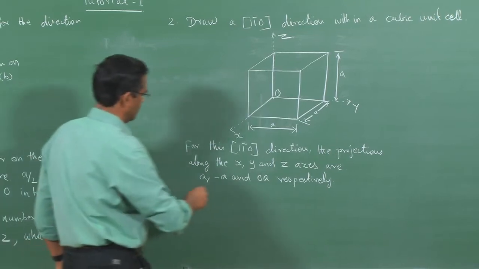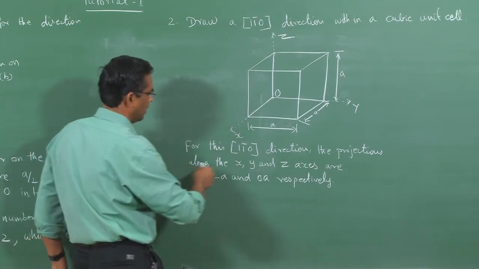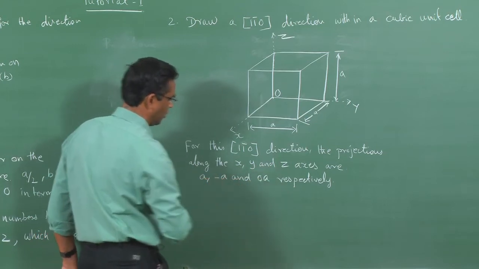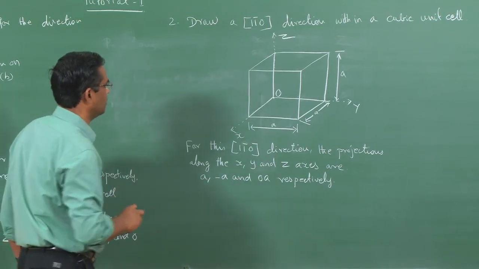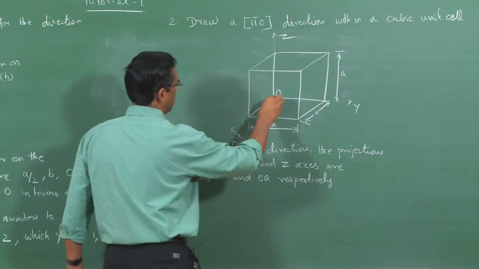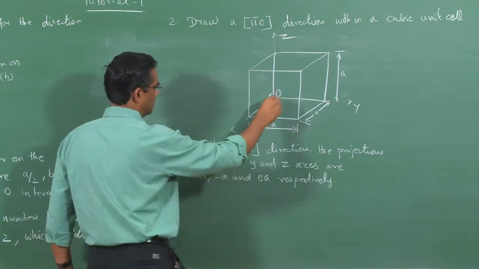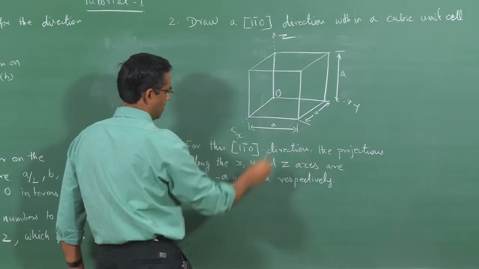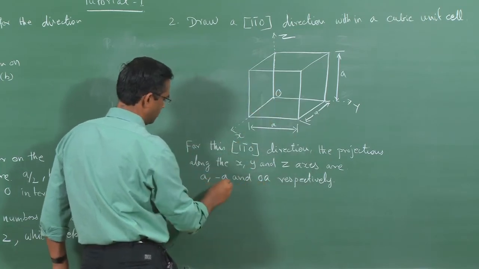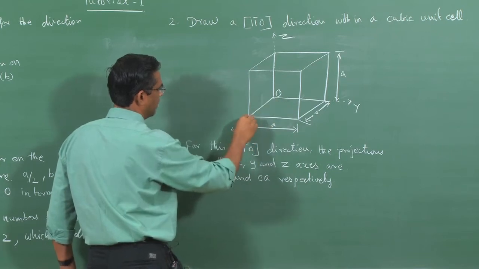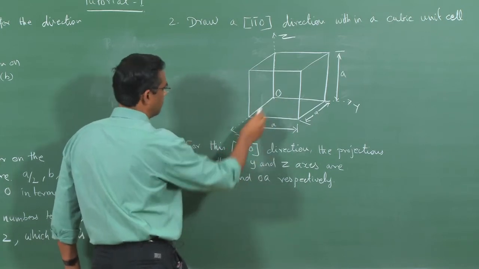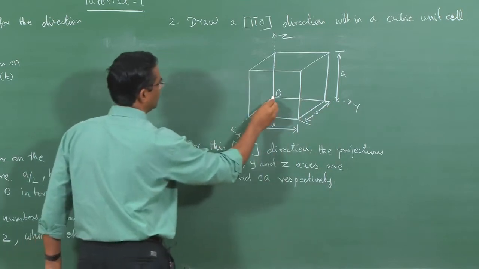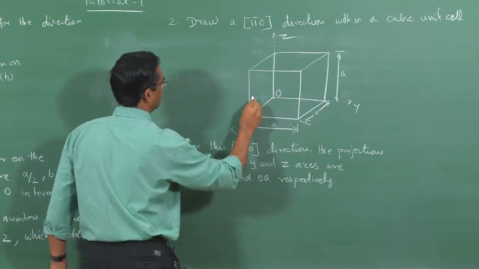So these are the projections on the x, y, z axis: a, minus a and 0 a respectively. So we have to start from here somehow. That means your x is this, towards x you take 1, but y is minus 1. So this is positive y, so you have to move into negative.